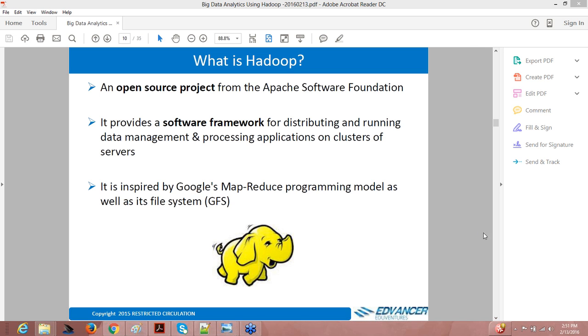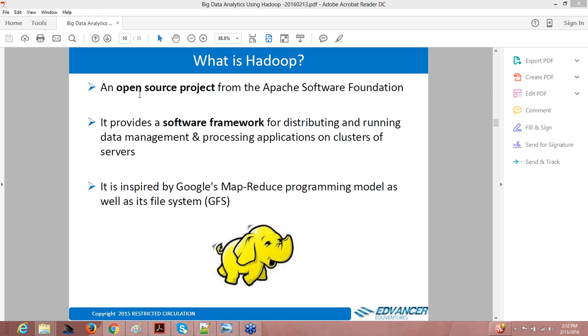So Hadoop provides us a distributed data storage component and a distributed processing component. Hadoop is a distributed system. When we set up Hadoop, we set it up on a cluster. So when we store data, our data gets distributed across multiple nodes in the cluster, and in turn, it provides us scalable storage.